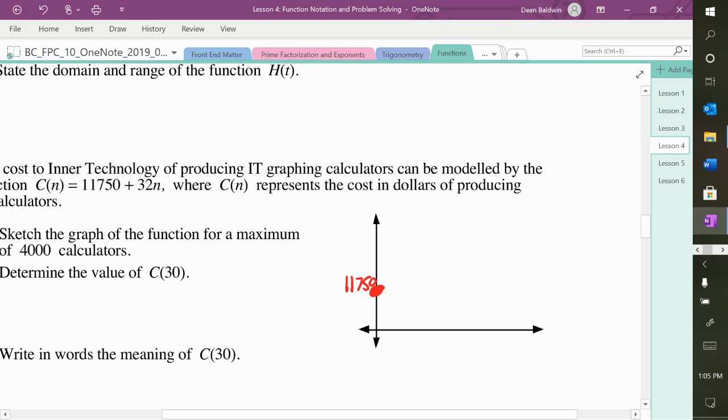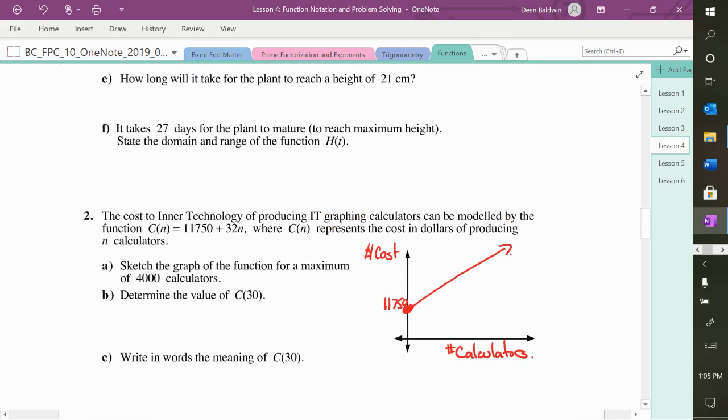This is number of calculators and this is the cost in dollars. And the graph looks like that. Okay, answer those two questions, and then we'll move on to the last lesson of the unit.